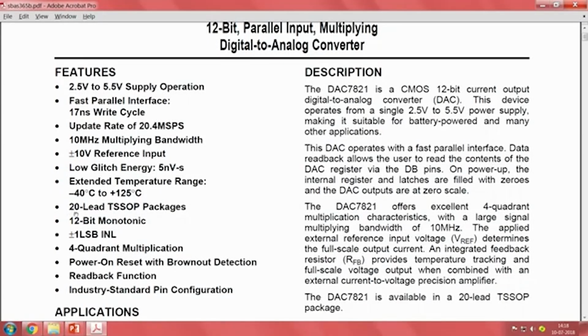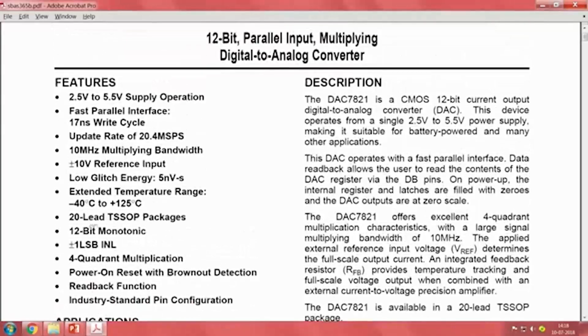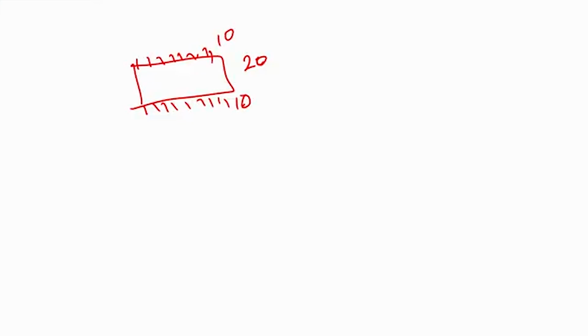When you are making any design, while doing the PCB design, we need to ensure what the package is, and accordingly we have to create footprints. We have to create the correct footprint on the PCB.